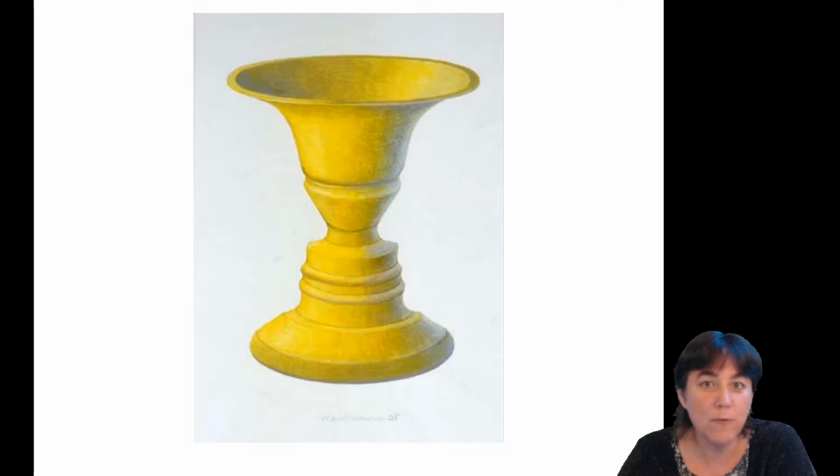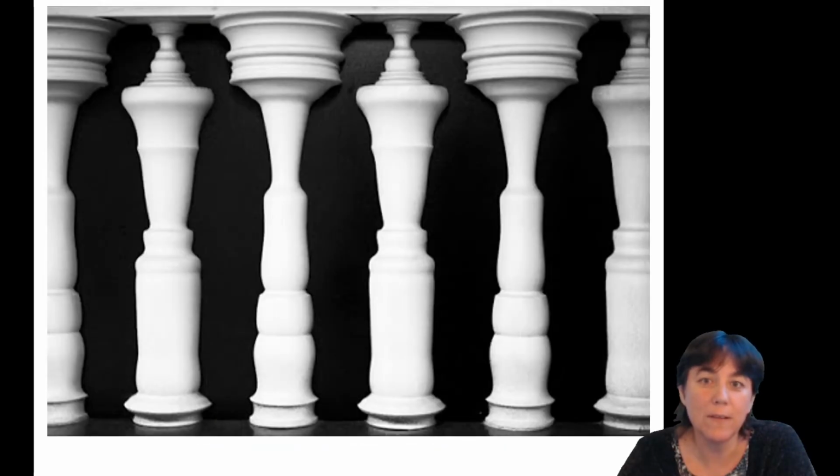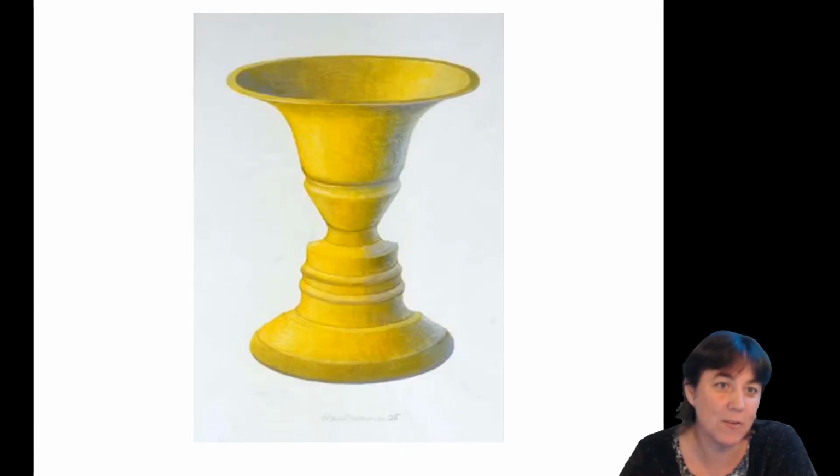So let's move a little bit further on these very specific figures, and you might have seen especially this one. What do you see? That's the general question. You might see a vase, yet you might see two faces facing each other, here and here.